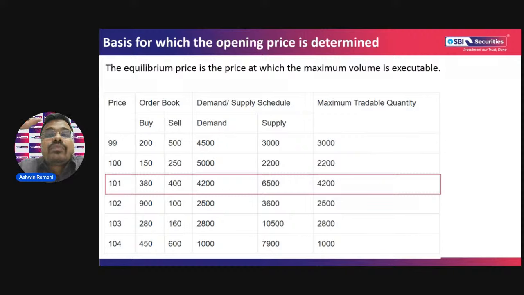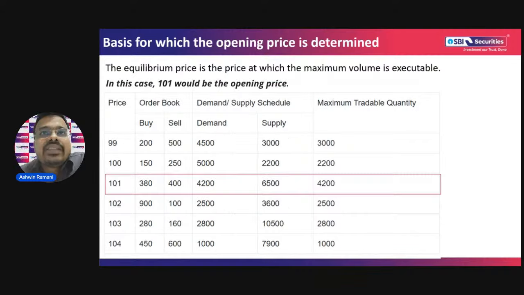That is the price at which maximum volume is executable. So exactly at 101 is where you have the maximum tradable quantity. So जब भी ऐसा दिखता है सिस्टम को, you will see 101 would be the opening price for that particular stock or an index.